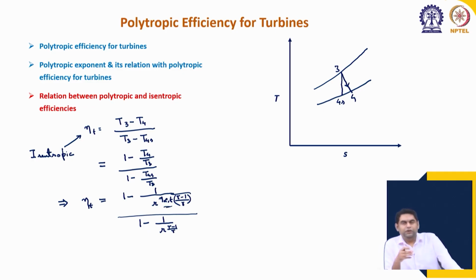We have seen what polytropic efficiency is for the compressor and for the turbine, how they are related to the corresponding isentropic efficiencies, and we have also defined the polytropic exponents. We have seen that the processes behave like polytropic processes. We have defined the exponents and related them to the efficiencies.